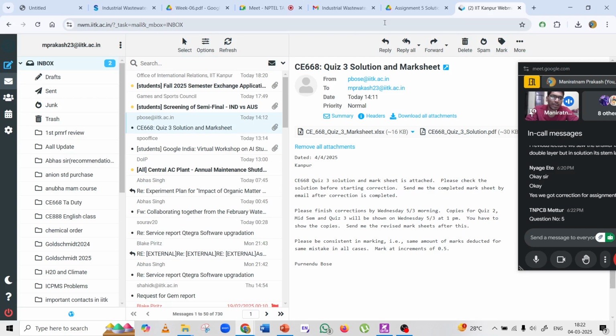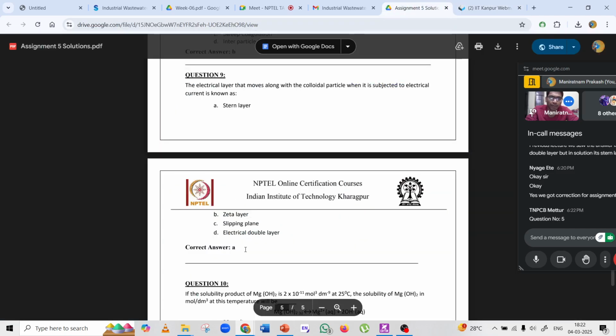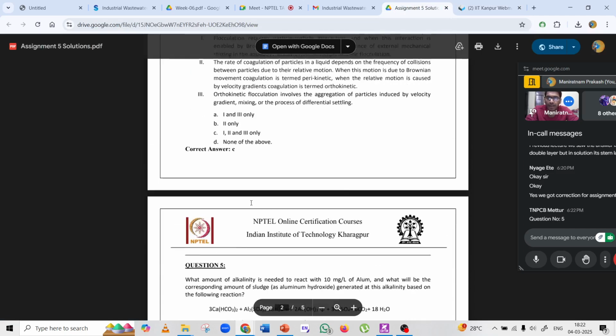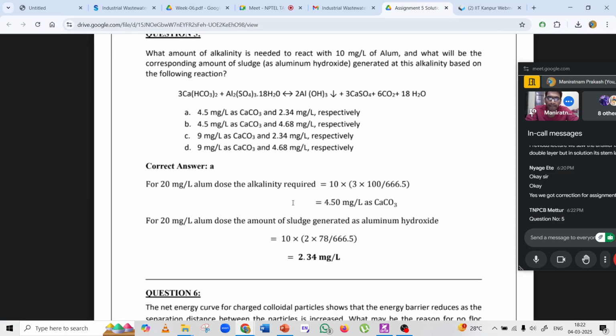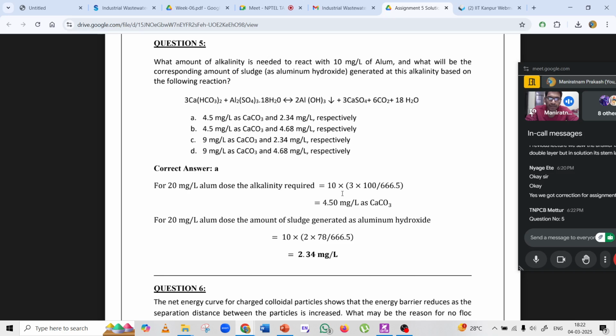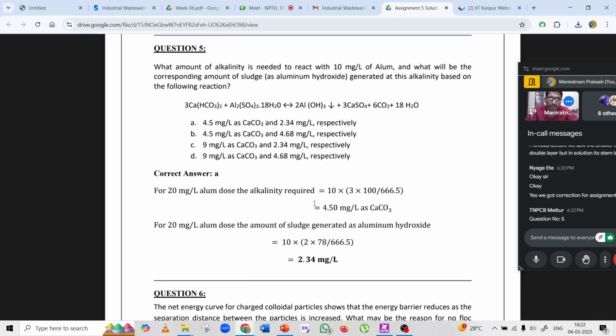I have already mailed question number 5. What is question number 5? This one is the correct. What is the problem in question number 5?